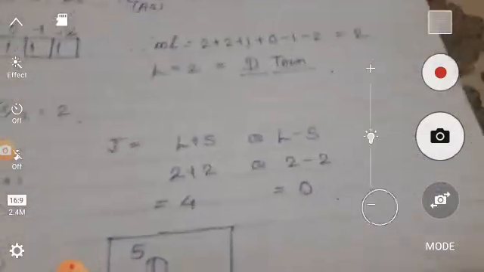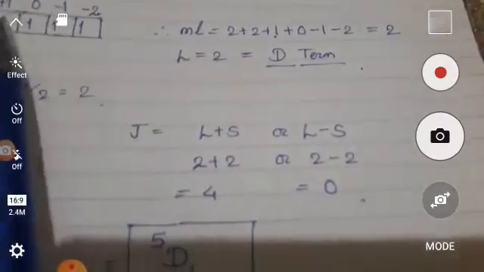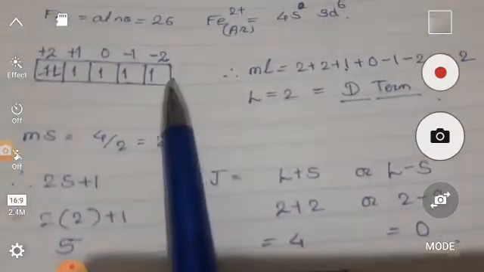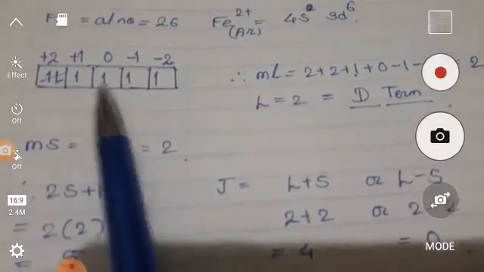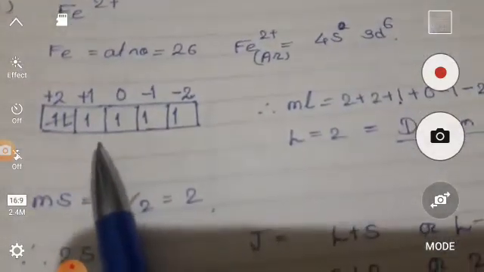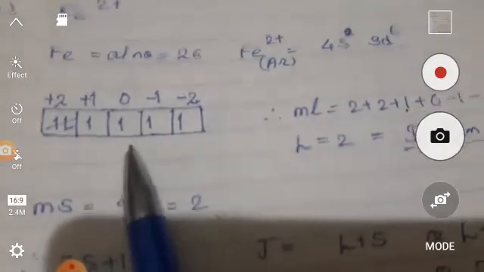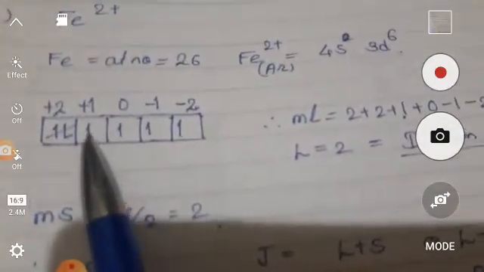Then what about J? J is a special quantum number, that is spin orbital type of coupling. If our orbital is more than half filled, then we use L plus S to calculate J, and if our orbital is less than half filled, then we use L minus S to calculate the J value or J quantum number.